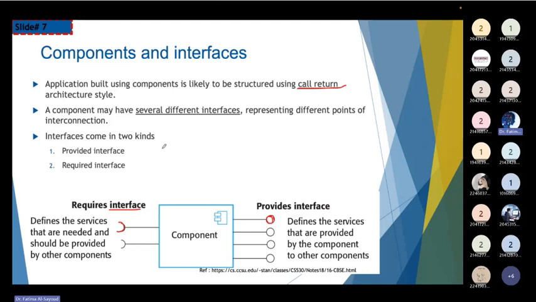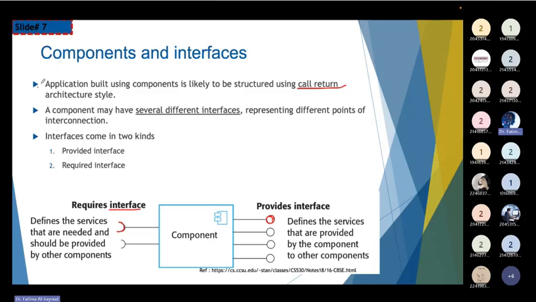The component may have several different interfaces. Does it mean here that as a security component, I can provide access control, I can provide encryption, I can provide so many other things. So you're not only providing one interface. Also, you can require more than one thing. يعني ممكن يكون عندنا أكثر من required interfaces.